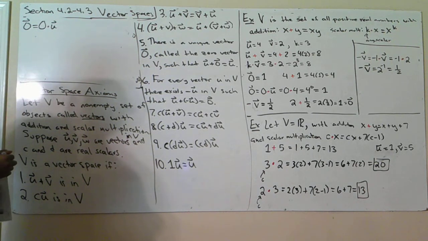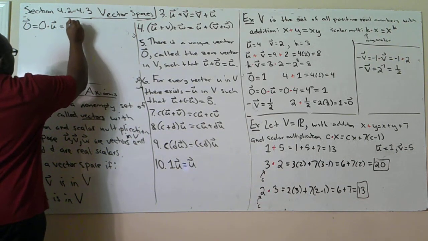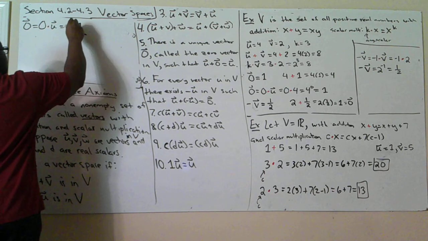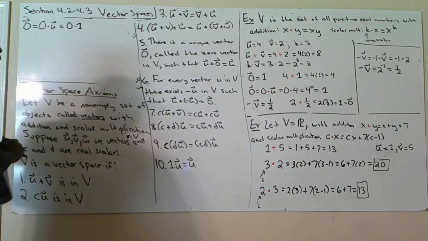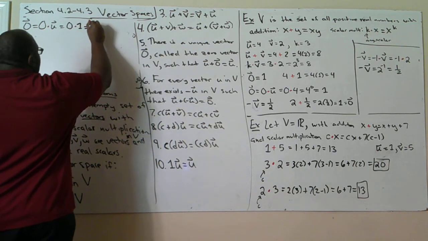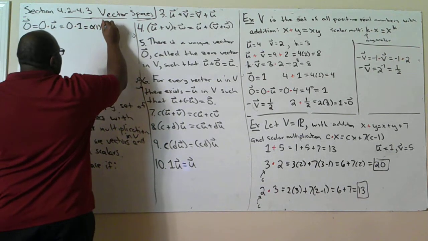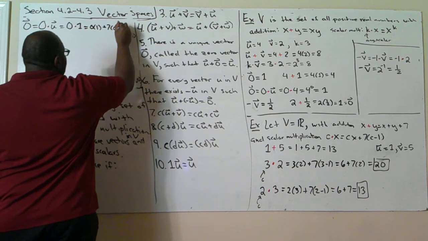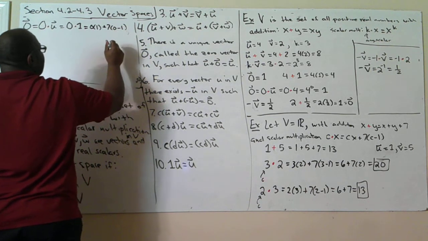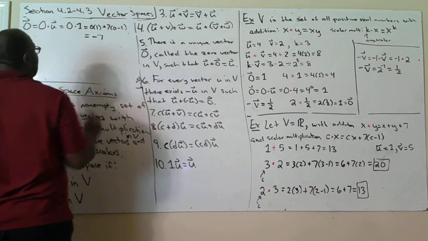So I chose u to be equal to 1. Plugging in, 0 times 1 plus 7 times 0 minus 1. So my 0 vector, if I did it correctly, is negative 7. What I have here?